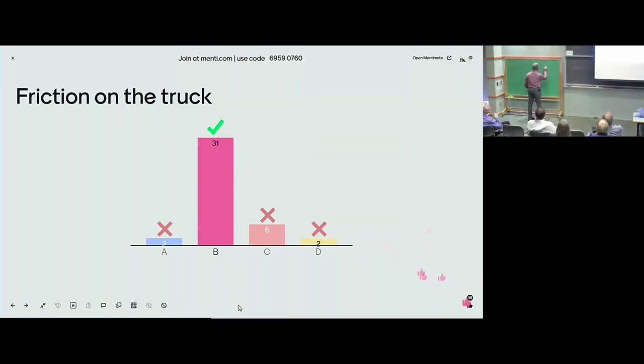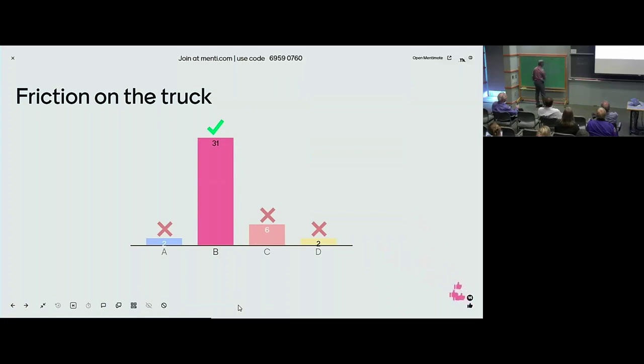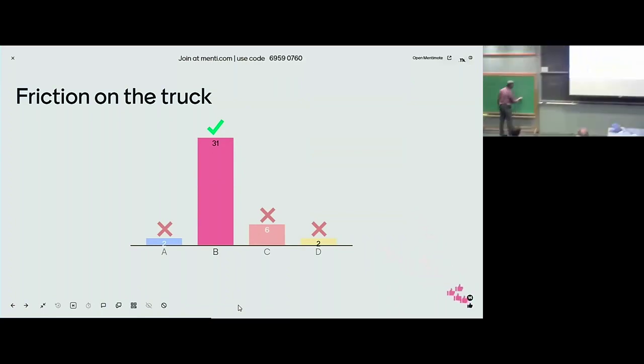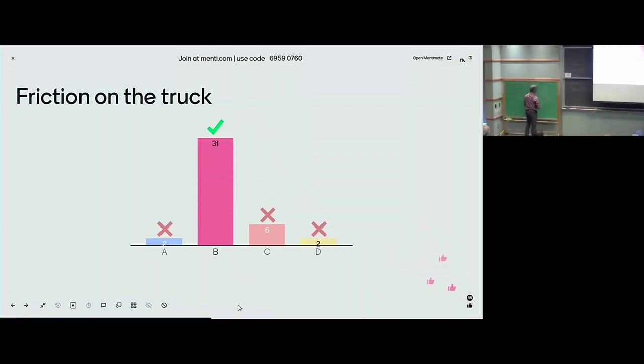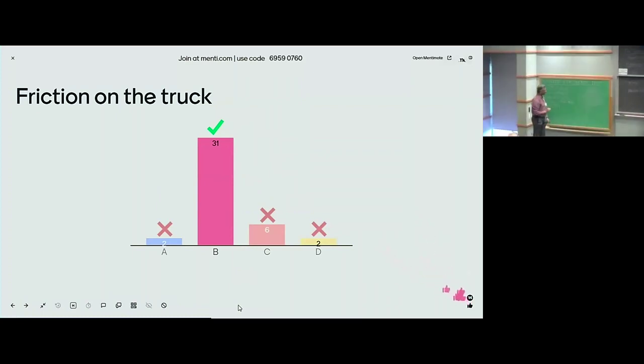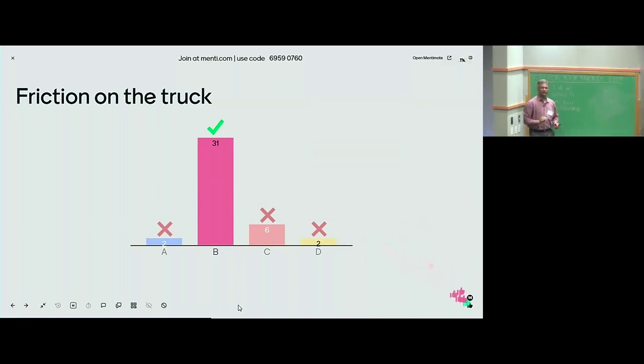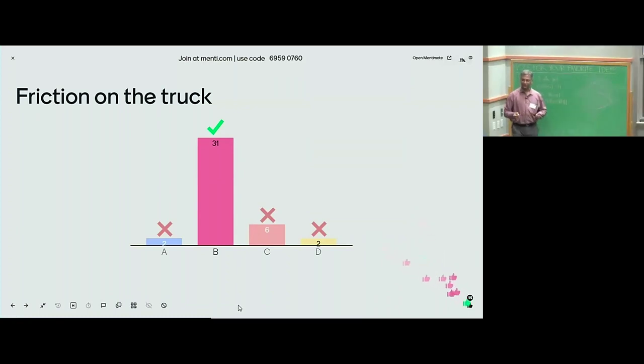The path of the truck is this. It does not matter whether the truck is going this way or that way. The first thing to understand is that any nonlinear motion means there is an acceleration, right? Any nonlinear motion means acceleration.